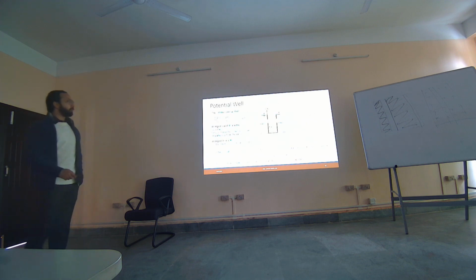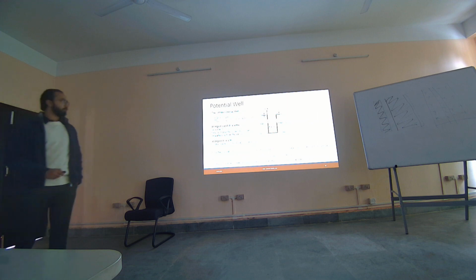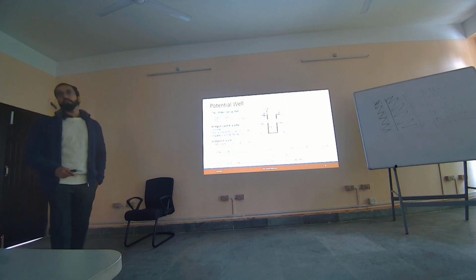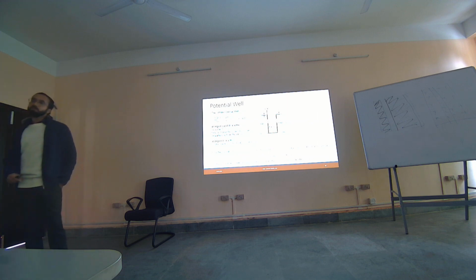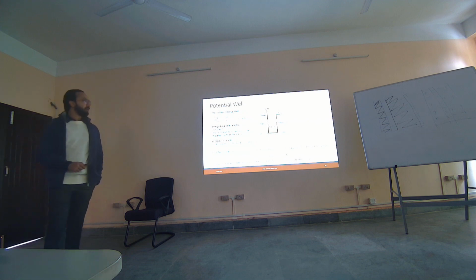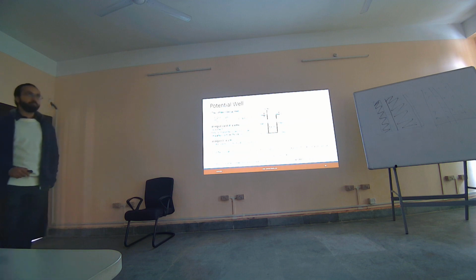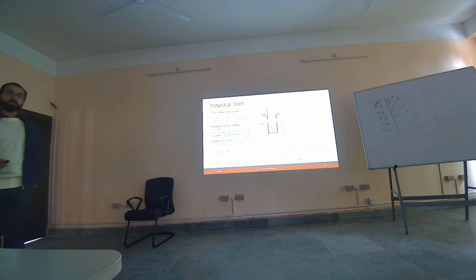Okay, fine. Now this concept of a potential well, another concept which is very widely used in the quantum world, is the potential well, right? And the example that is generally discussed is of a typical quantum well, like the hydrogen atom.